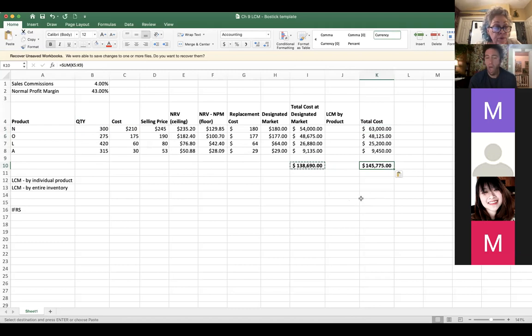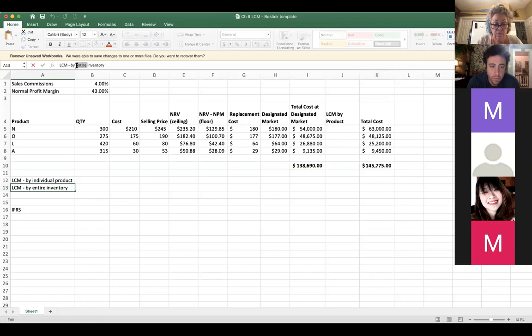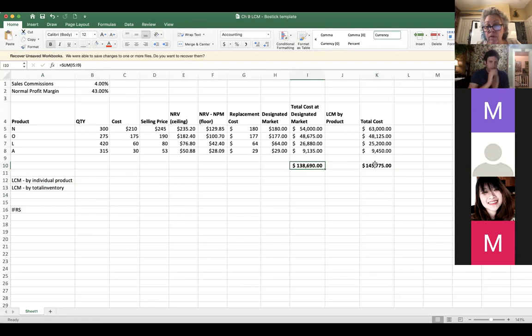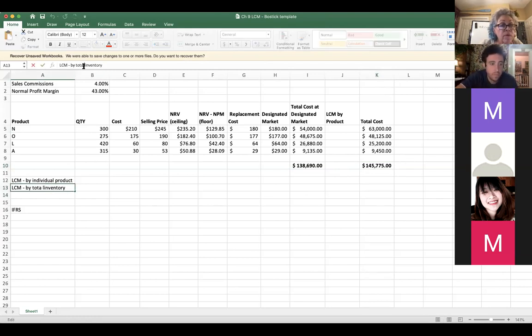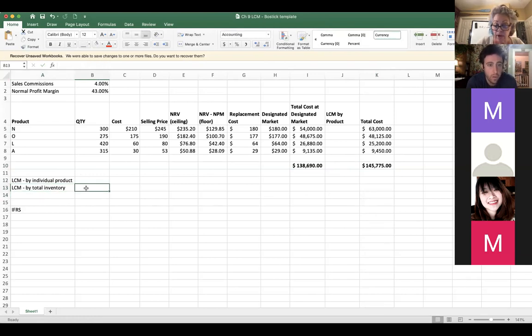So if I were doing this by total inventory, okay, this can be entire inventory or total inventory, I would compare total market to total cost and determine which one is lower. So here I'm going to write an if statement.